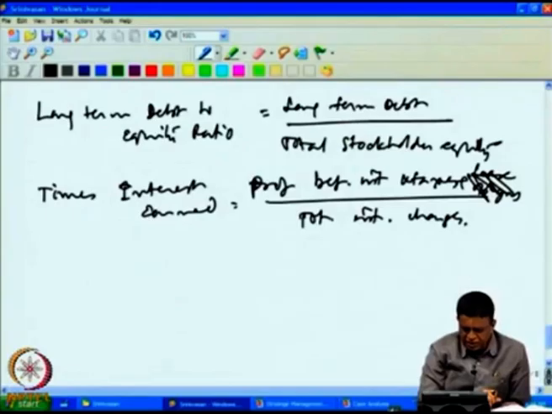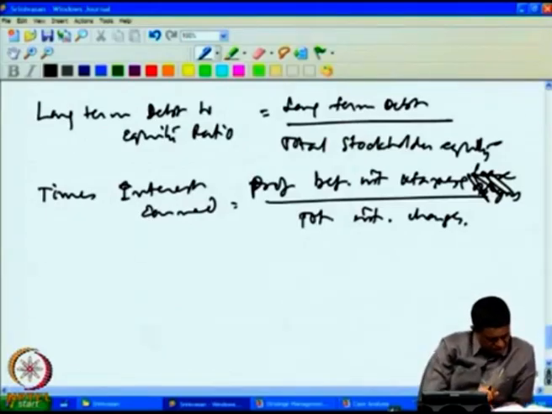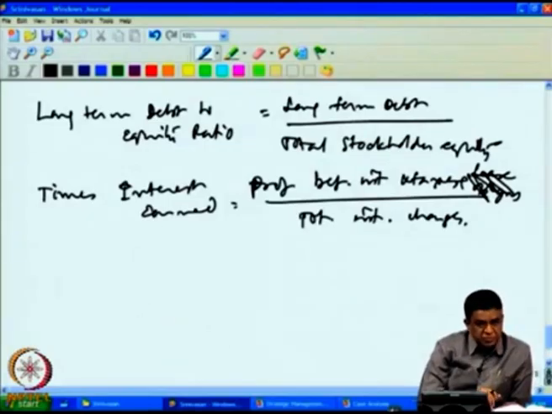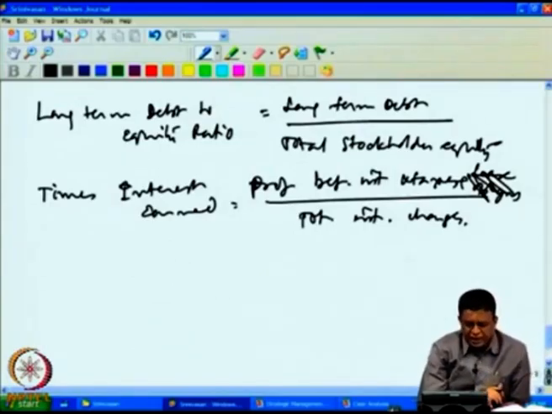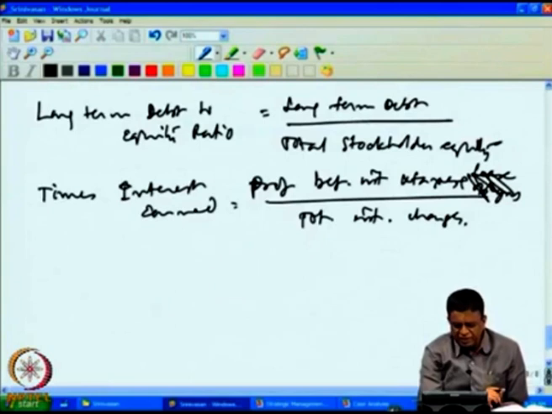So, it gives you an idea how much the earnings can decline, but the firm is still able to meet the annual interest cost.